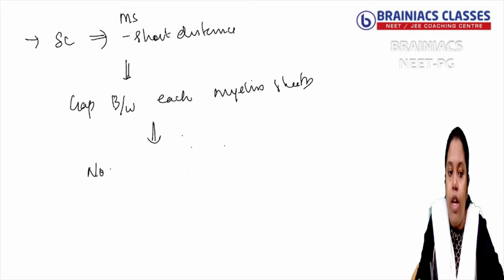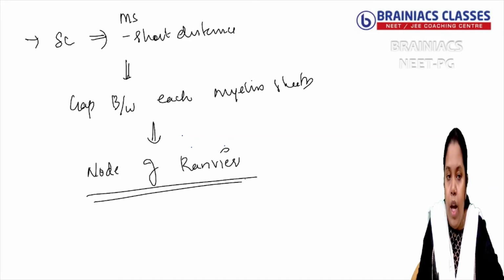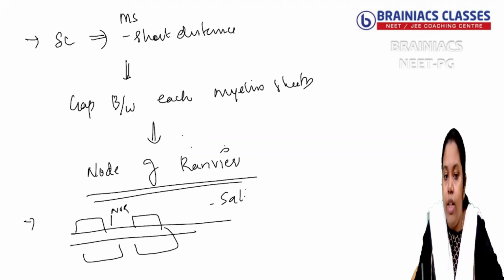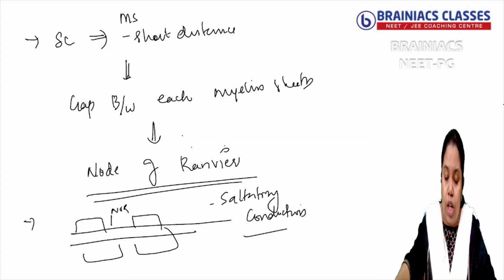It is called the node of Ranvier. And the conduction that occurs in a myelinated axon is what type of conduction? This is the node of Ranvier, and it is saltatory conduction. So this is about the structure.